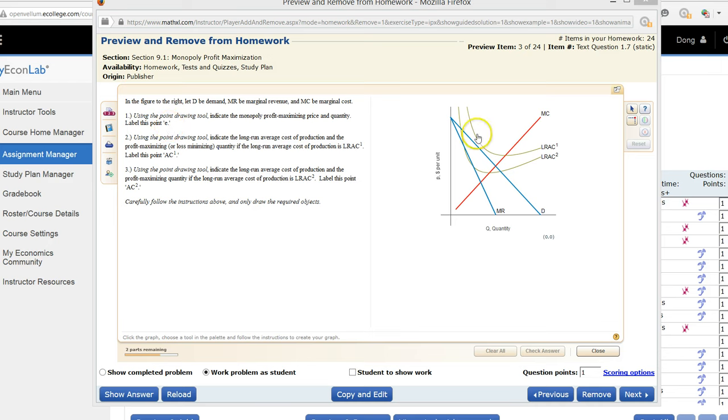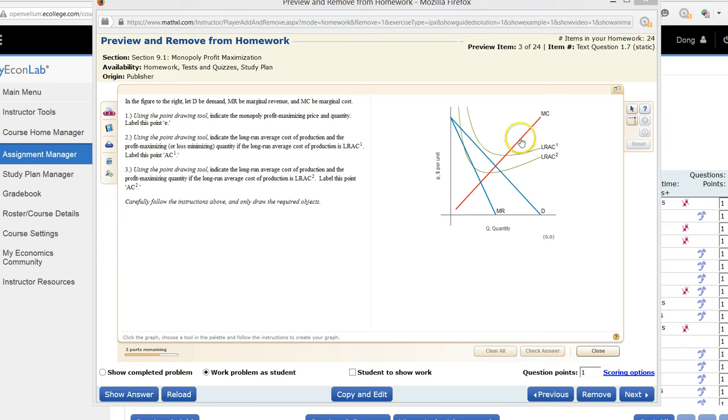So here we were given the demand curve D and the marginal revenue curve. In this case, actually, they are both straight lines. And we know that the relationship between the marginal revenue and the demand is that marginal revenue starts from the same vertical intercept of the demand line, but it is steeper than the demand line.